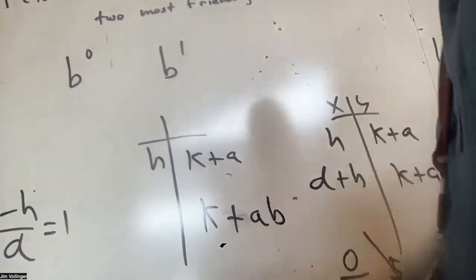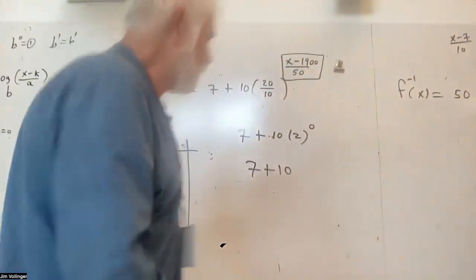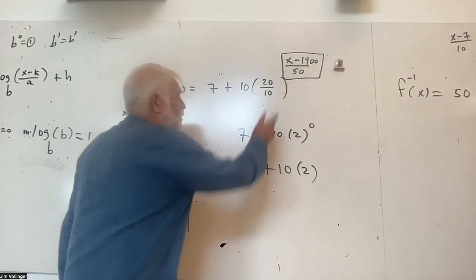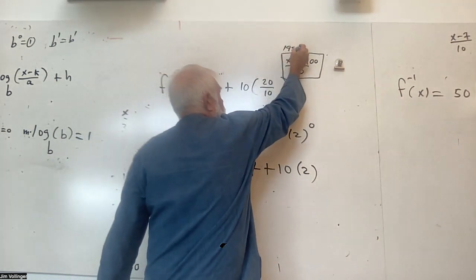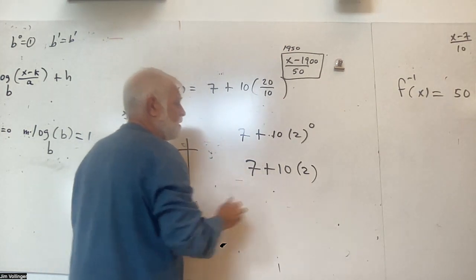And h, didn't h make a 0? Okay. And the next number we find, we're going to get k plus ab, which is going to get me times 2, provided I pick the right number. And I'm saying 1950. So 1950 minus 1900 is 50. 50 divided by 50 is 2 to the 1.